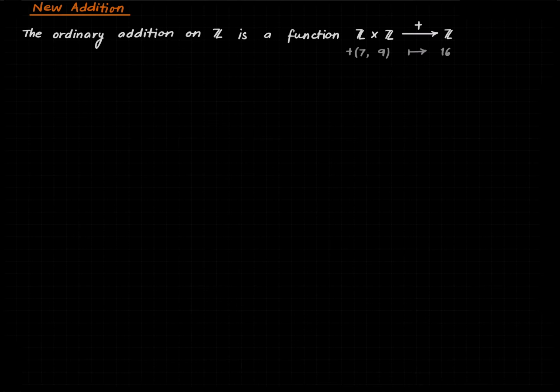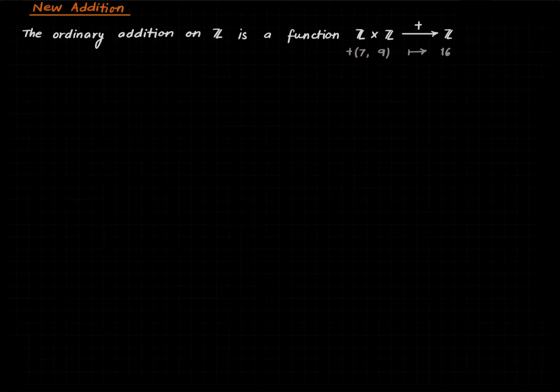And this is what we have been writing as 7 plus 9. When we write 7 plus 9, we are really writing that, but this is not very pretty to look at. It's difficult to work with for us humans. So it's better to write it this way. But really in the background, this is what is going on.